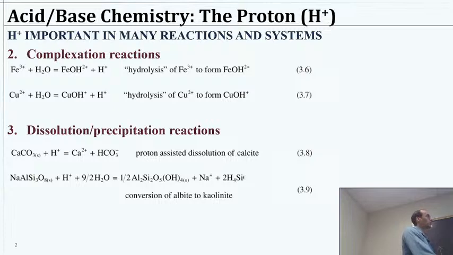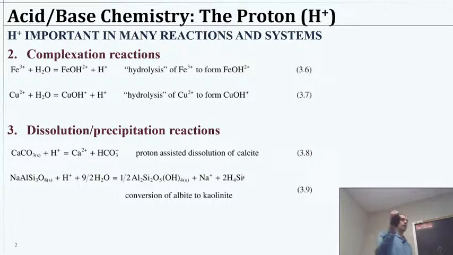Dissolution and precipitation reactions. You'll know this if you've ever done the little mineral chemistry experiment where you test what kind of mineral something is. One of the tests, along with the hardness test, is to drip a little bit of acid on it to see if it fizzes, right? Some things like calcium carbonate will dissolve and release CO2 when you add some acid to it.